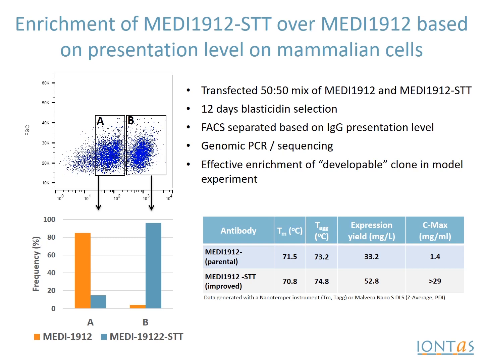So if we take this high expression subpopulation and analyse the sequences of that, we find in fact that the majority of clones within this population are indeed the improved MEDI1912 STT variant. In contrast, when we take the lower expressing population and sequence that, we find the majority in here are indeed the parental population. So this is giving us an indication that we may be able to use the mammalian display system in a real-life library setting to separate populations of cells on the basis of presentation level.